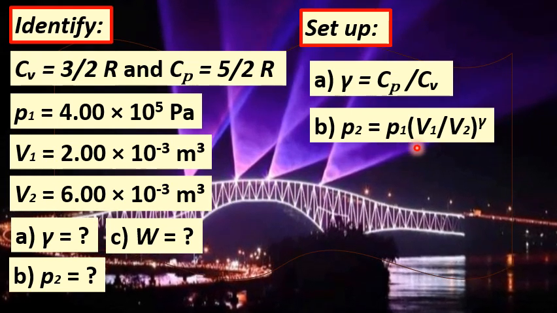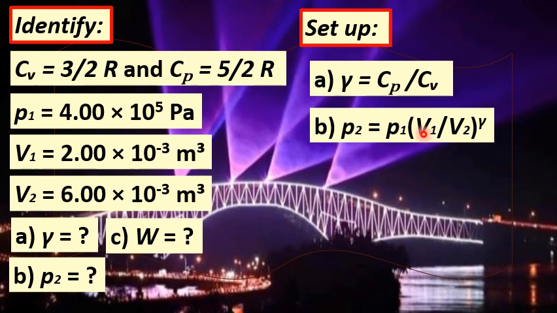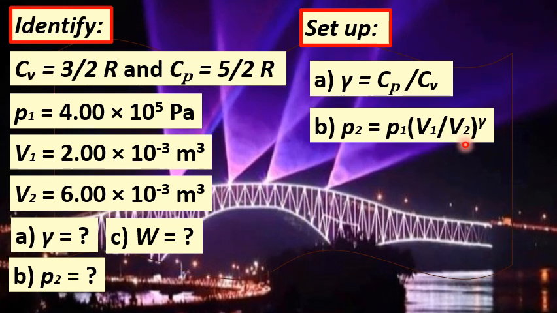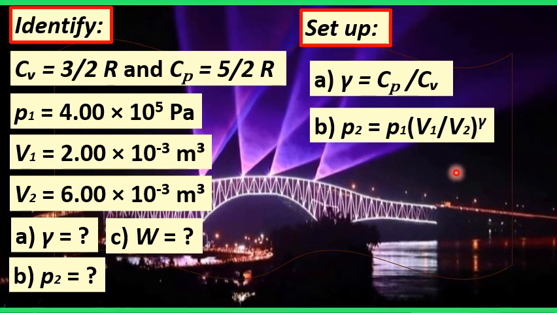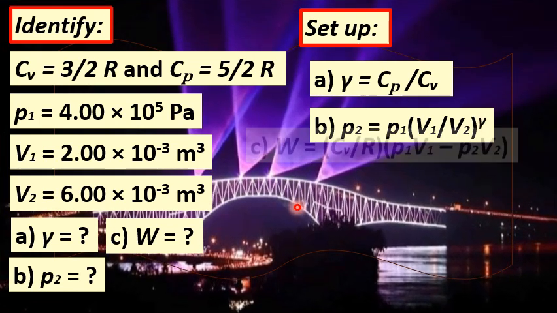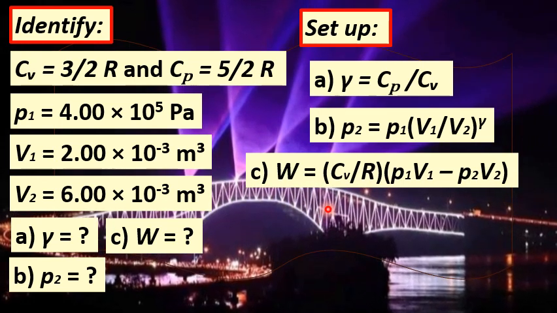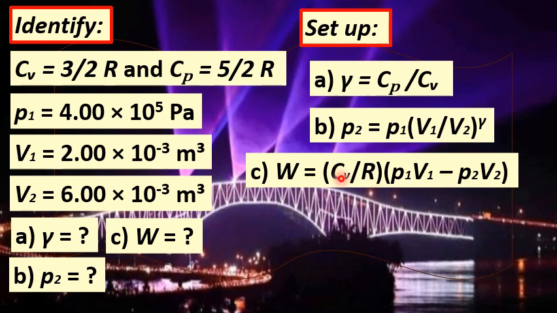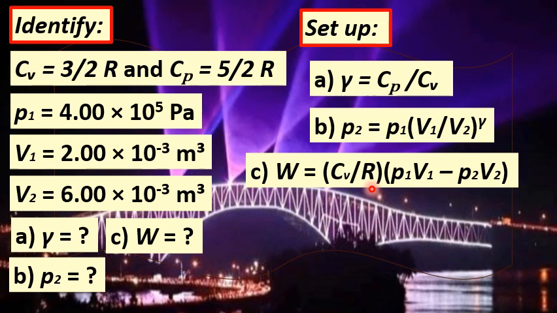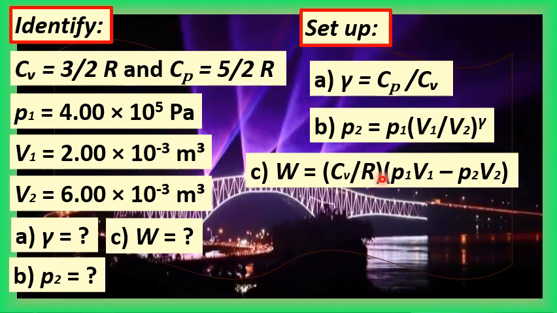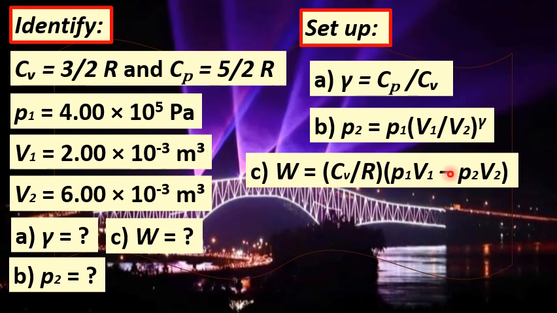the quantity V sub 1 over V sub 2, raised to the power gamma. And lastly, for the work done W, we'll be using the formula W is equal to the heat capacity C sub V divided by the universal gas constant, and that will be multiplied by the quantities inside the parentheses.